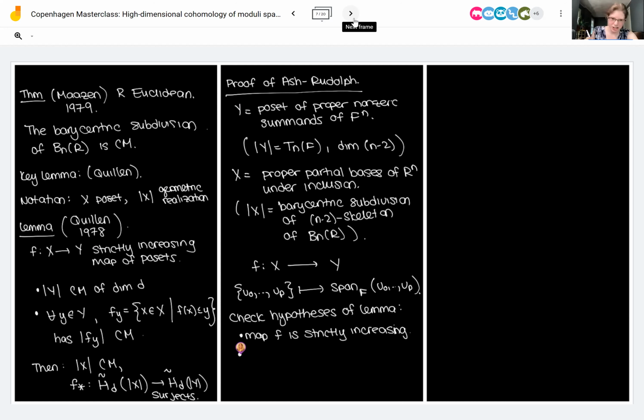So let's check the next condition, which is that if I look at any proper non-zero subspace V in F^n, then this set we've defined, F sub V, it's an exercise to check that this set is precisely the subcomplex on partial bases contained in V. And so that is going to be exactly the barycentric subdivision of this partial basis complex of V, and that is Cohen-Macaulay by Mason's result.